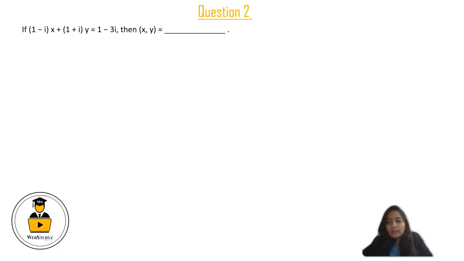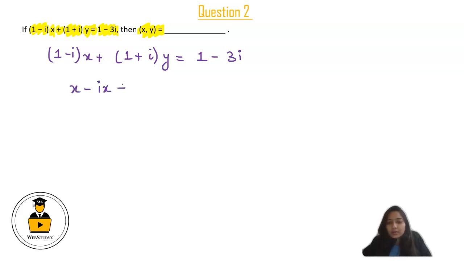So here we have: if (1 minus iota) multiplied with x plus (1 plus iota) multiplied with y is equal to 1 minus 3 iota, then (x, y) is equal to, we need to find this coordinate. Simplifying, this is x minus iota times x plus y plus iota times y, equal to 1 minus 3 iota.